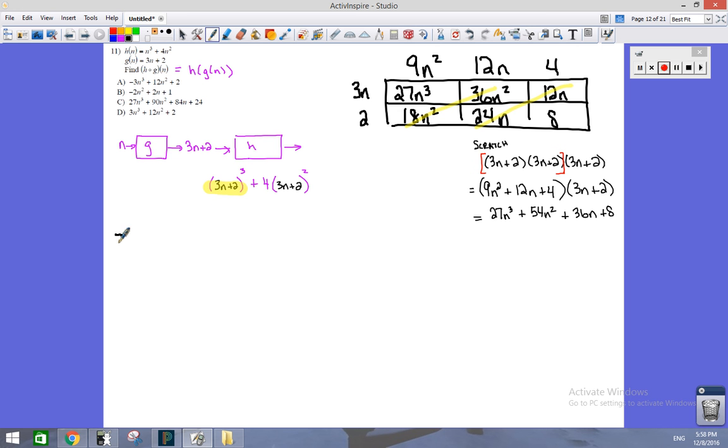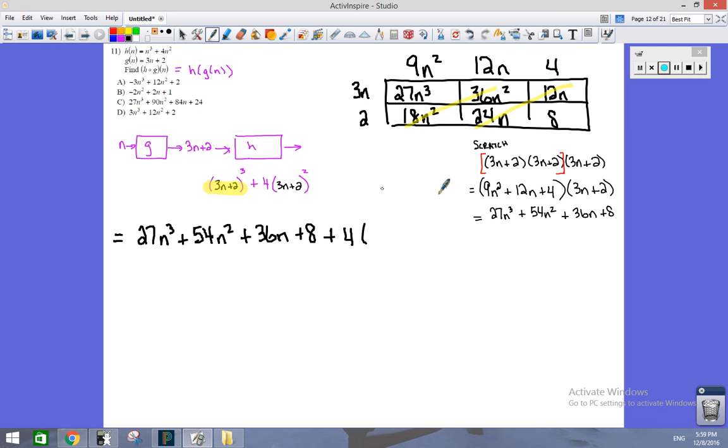That work was done because (3n + 2) quantity cubed is this guy: 27n cubed plus 54n squared plus 36n plus 8. Now, I have plus 4 times the square.